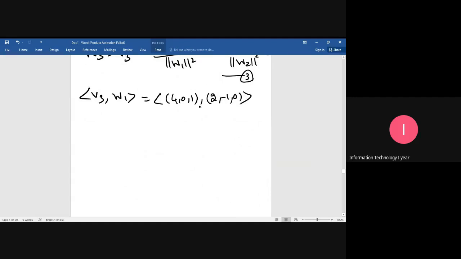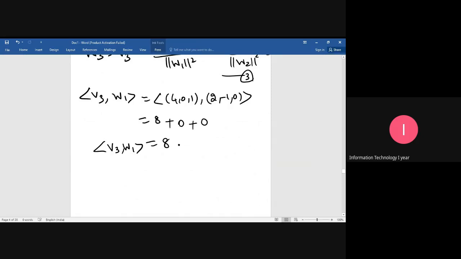Find out the inner product now. 4 2s are 8, plus 0 into minus 1 is 0, plus 1 into 0 is 0. So what is the answer? 8. So the inner product of V3 comma W1 is 8.